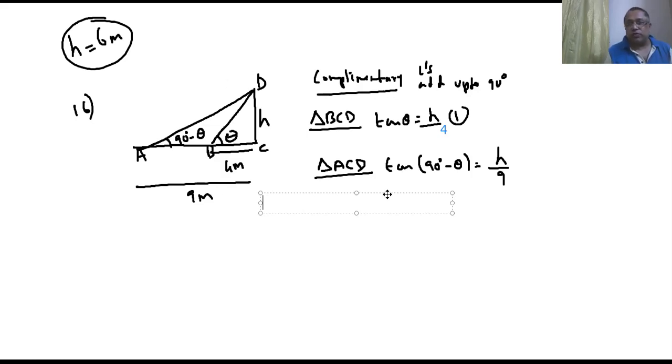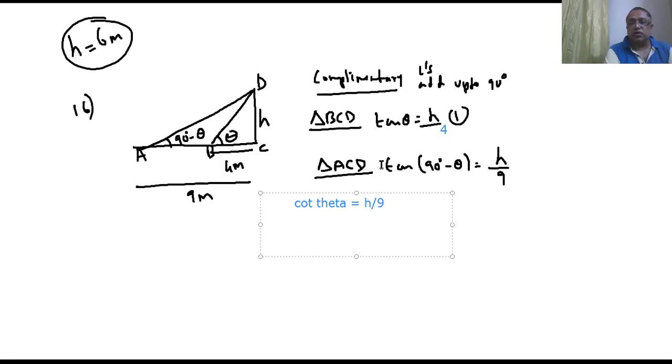So cot theta is equal to h by 9. So what have we got here? We've got tan theta as h by 4 and cot theta is equal to h by 9.